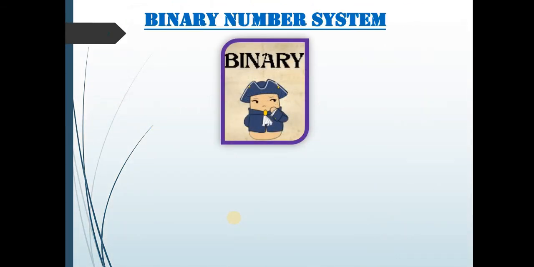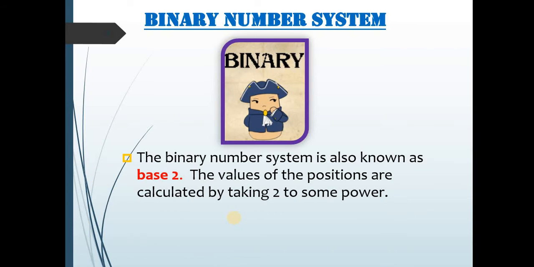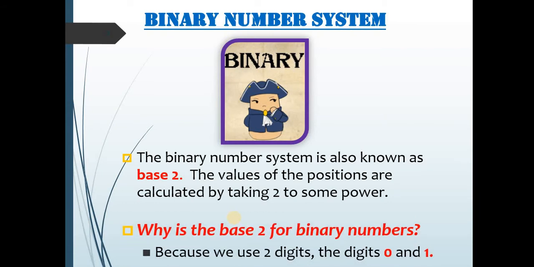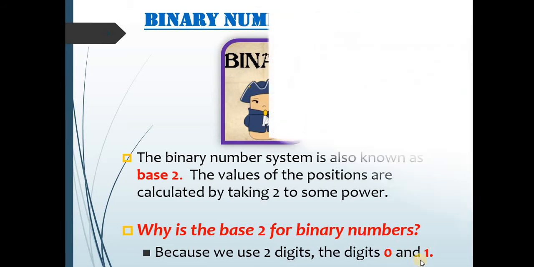The next type is binary. Binary number system is also known as base 2. Again, the positions are calculated by taking 2 to some power. And why do we take base 2 for binary numbers? Because it contains only 2 digits, 0 and 1. So binary numbers play with only 2 digits, 0 and 1.